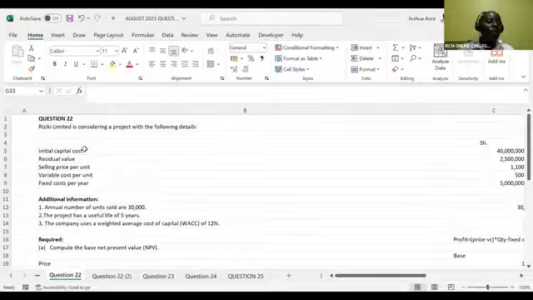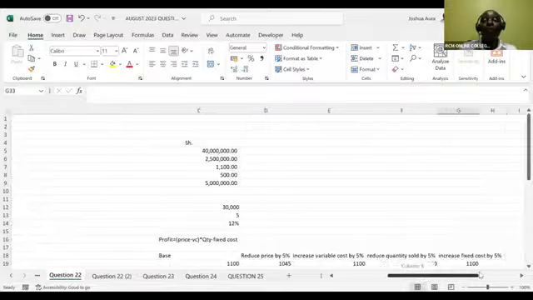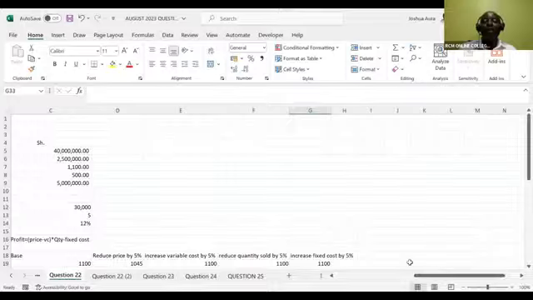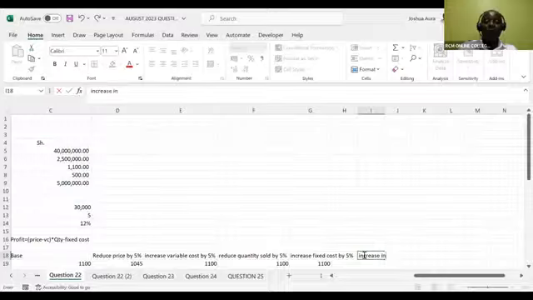So we must change the initial capital. Initial capital is a cost. If it is changing, it has to increase. So come here and increase initial cost by 5%.